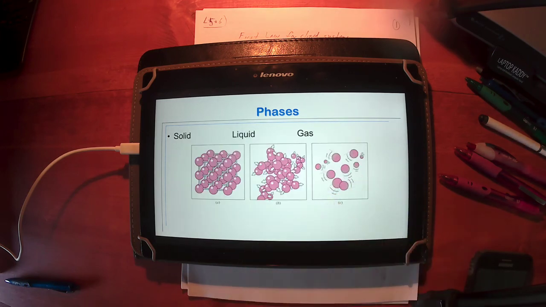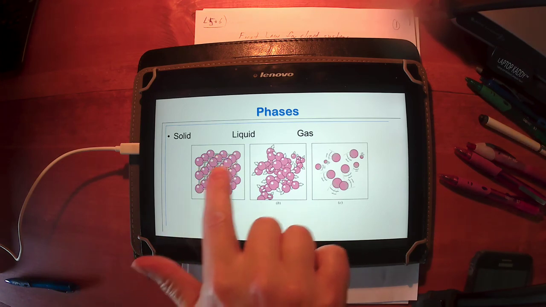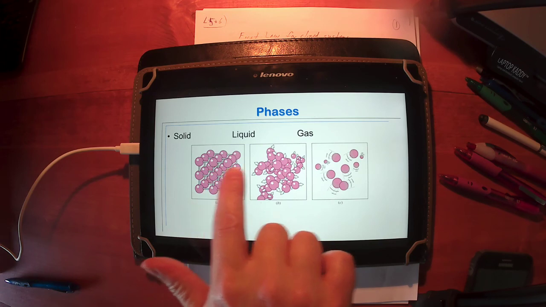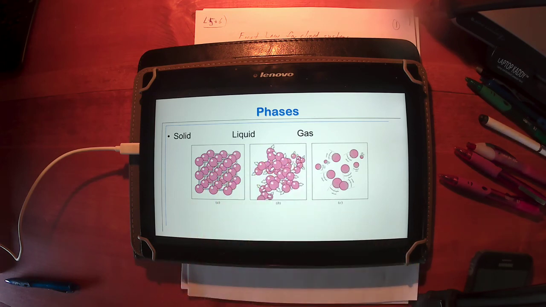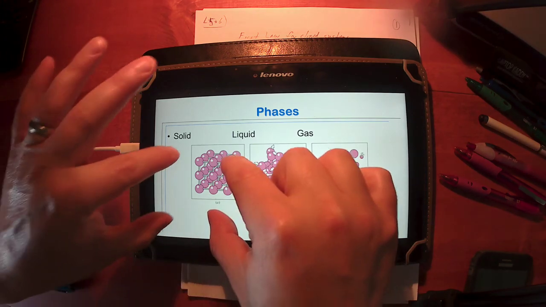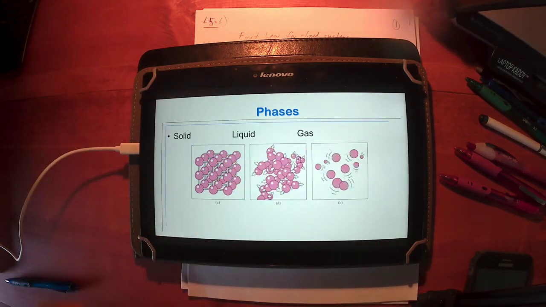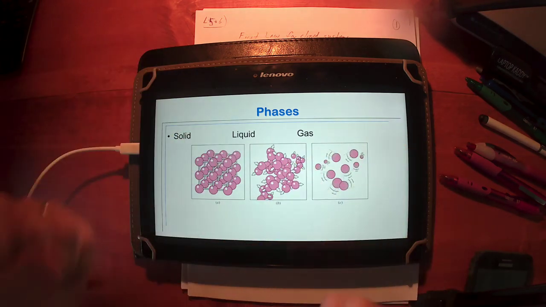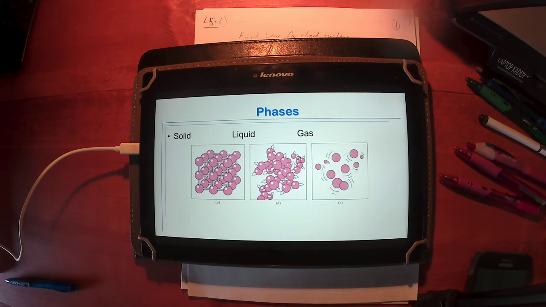In a chemistry class. So again, graphically, you can see solid molecules fixed. They don't move relative to one another. If you add energy and get it to the liquid phase, that means that there's enough energy that the molecules can overcome the forces that force them into a solid structure, and they can move relative to one another. If you continue to add energy, you get them to the gaseous phase, and that's where the molecules can now separate from one another.